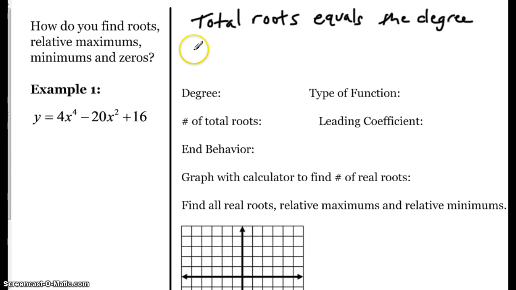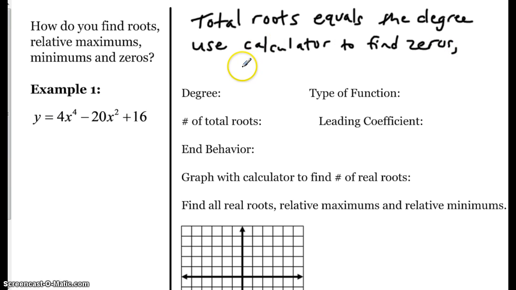I'm just going to write to answer the second part of this question, I'm going to use the calculator to find my real roots and zeros and maximum. So our zeros, remember those are our x-intercepts, and our relative maximum and our minimums.